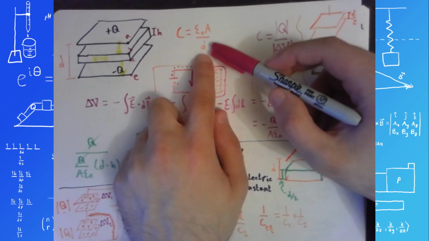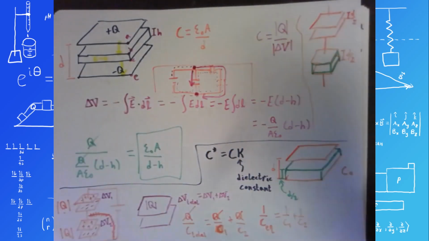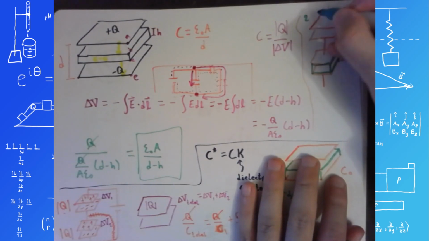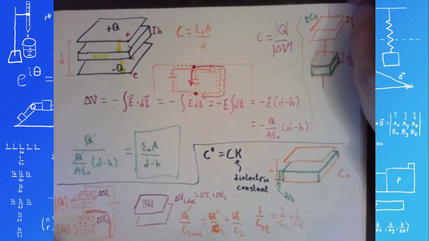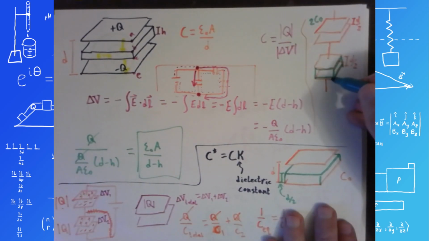according to this equation, cutting the distance in half doubles the capacitance. So this would have a capacitance of 2C0. This first capacitor would have a capacitance of 2C0, while this one would have a capacitance of 2C0 times the constant for this dielectric material.